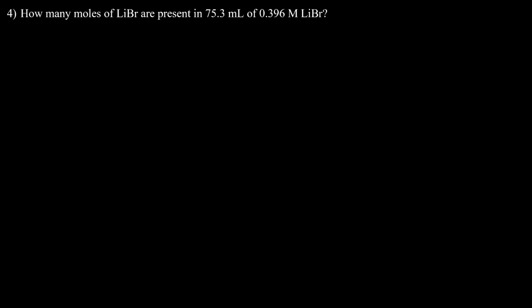Here is question number 4. How many moles of lithium bromide are present in 75.3 milliliter of 0.396 molar lithium bromide solution? This question is a little different. We have molarity right now. It is 0.396 mole per liter.